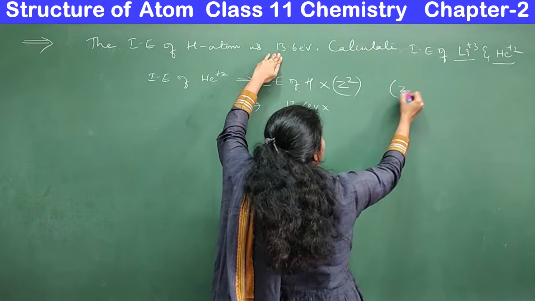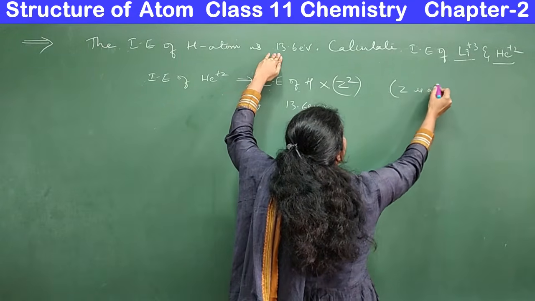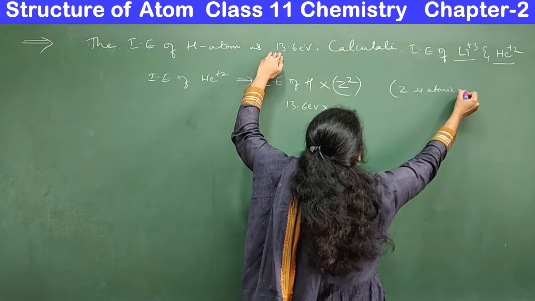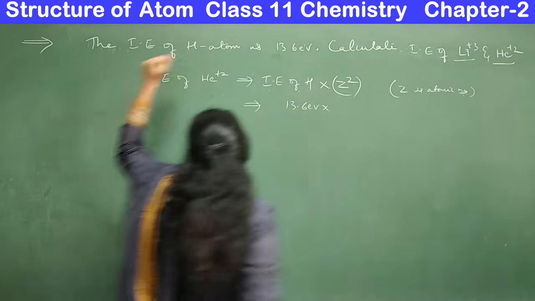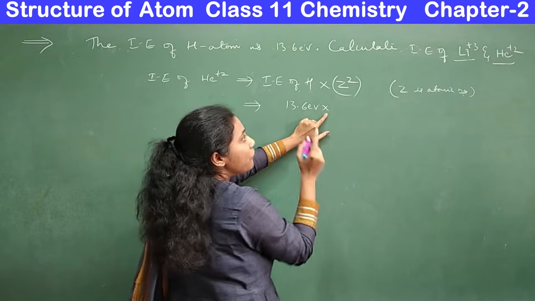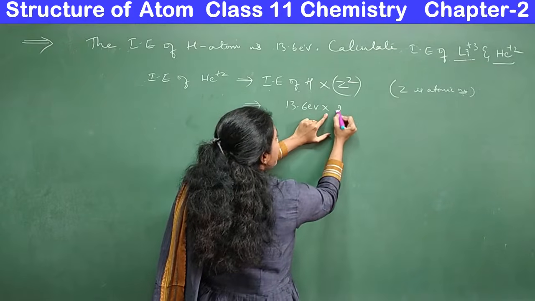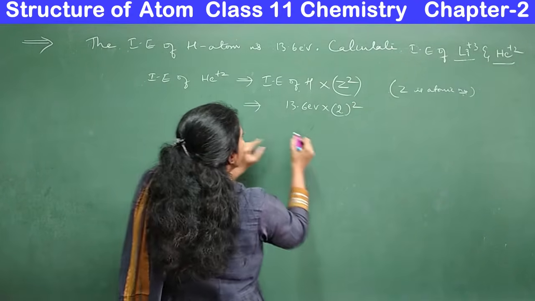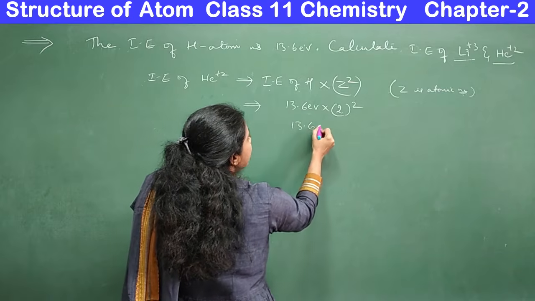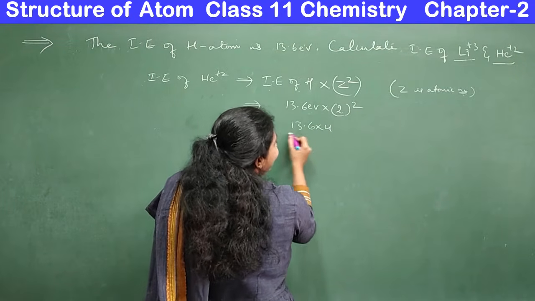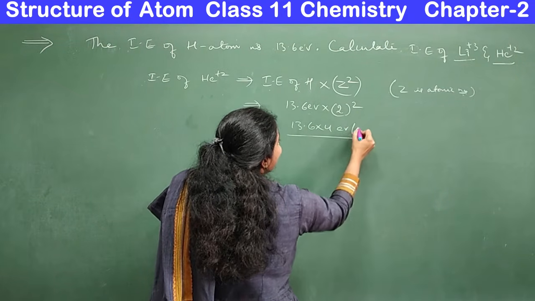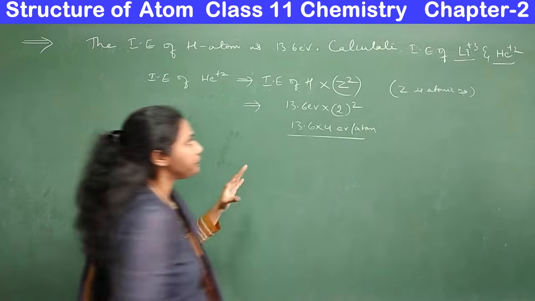Z is the atomic number. The atomic number of helium is 2, so you have to do 2 square. That is 13.6 into 4 electron volt per atom.